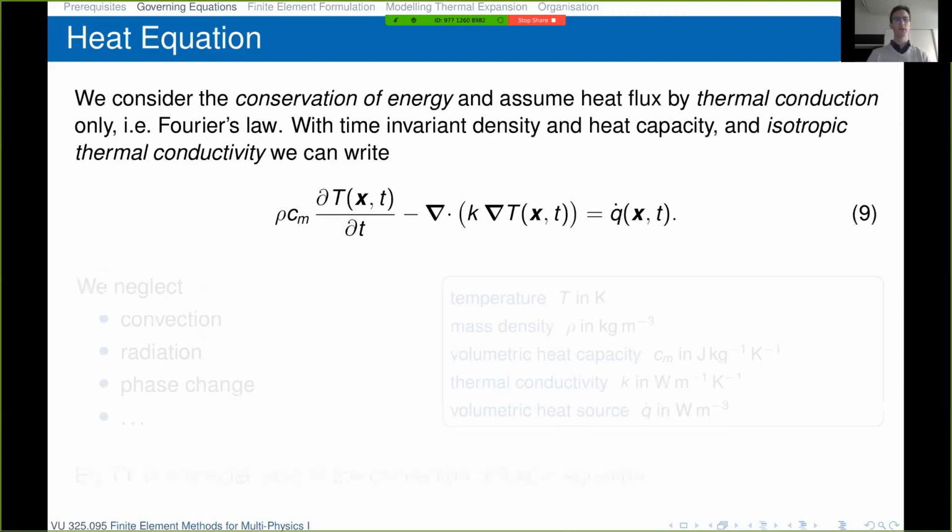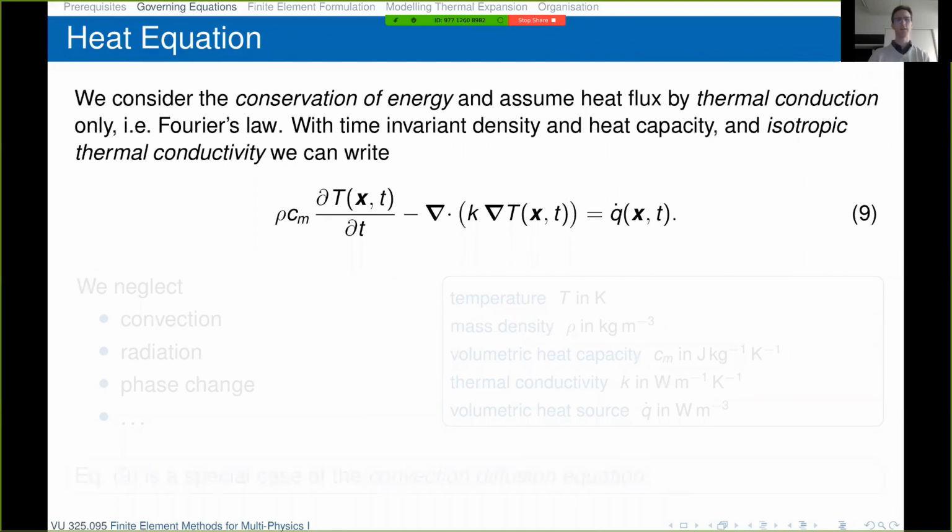So just to recapitulate, we have the heat equation where the solution variable is the temperature T, and we can solve it via the finite element method to obtain the temperature distribution in a solid body.